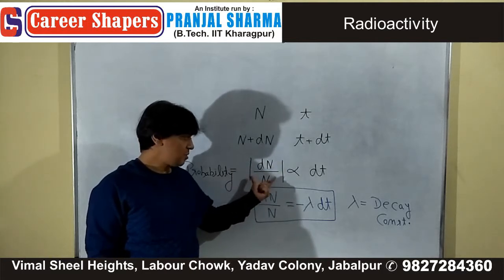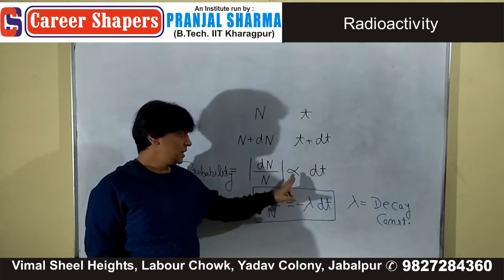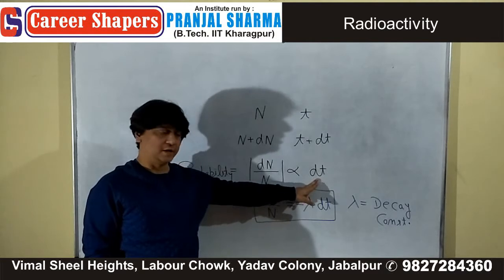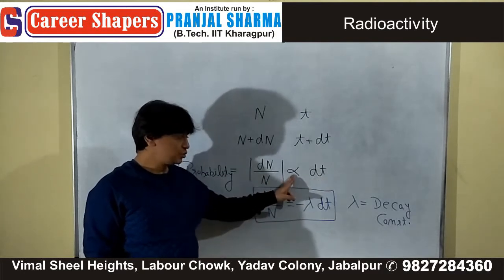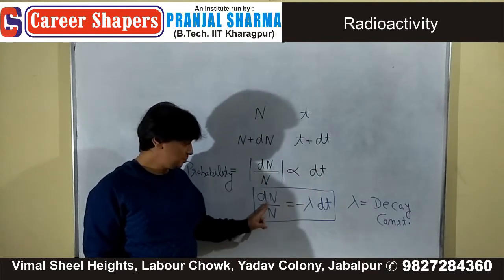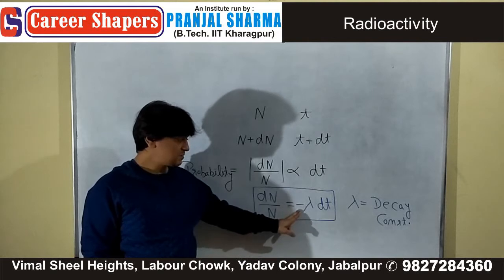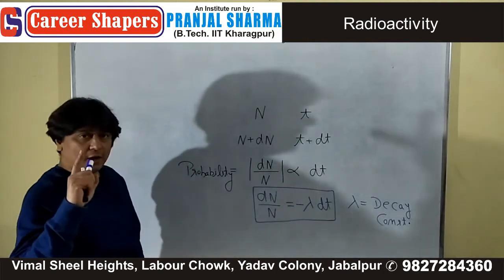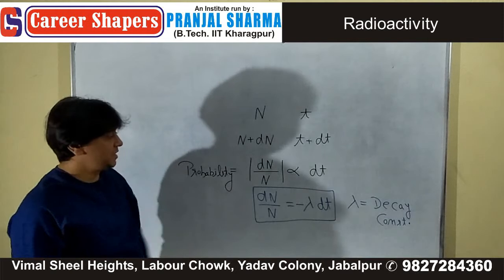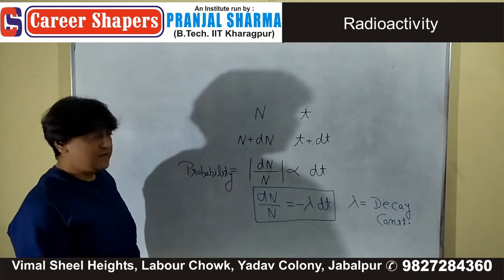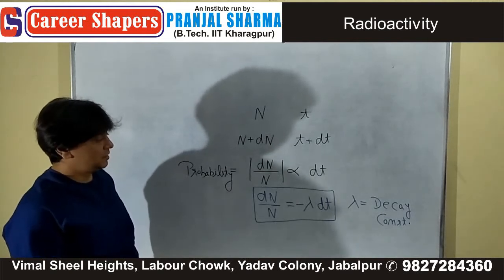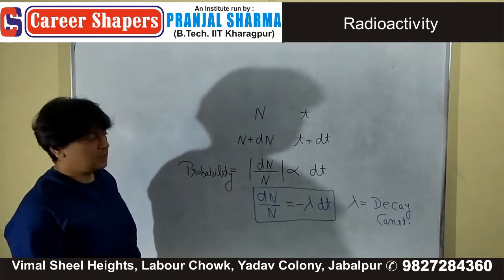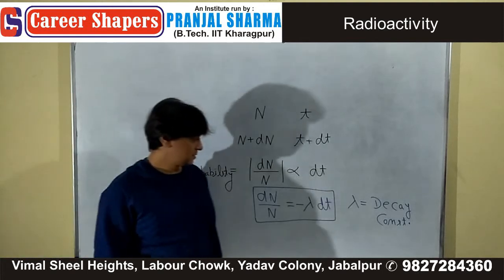And this probability of disintegration is proportional to dt. When you remove the proportionality sign, you will simply write dN upon N as minus lambda dt. Lambda is called the decay constant.